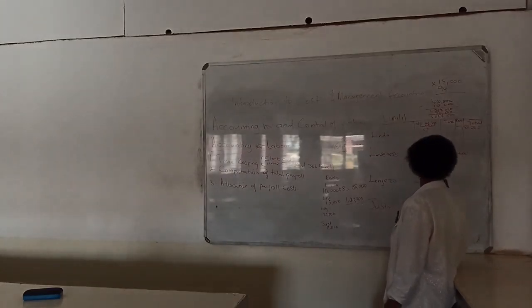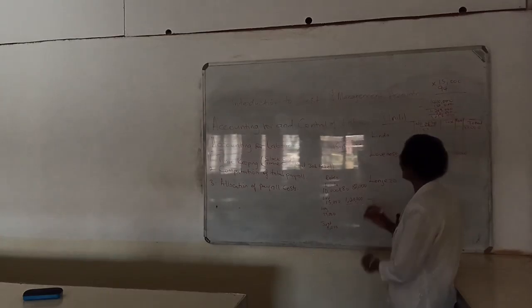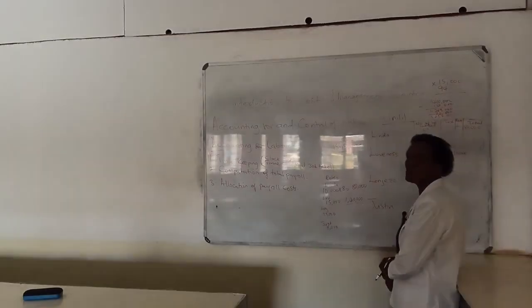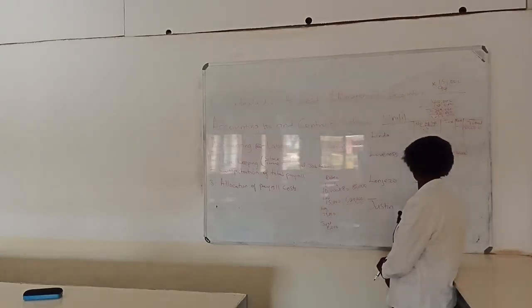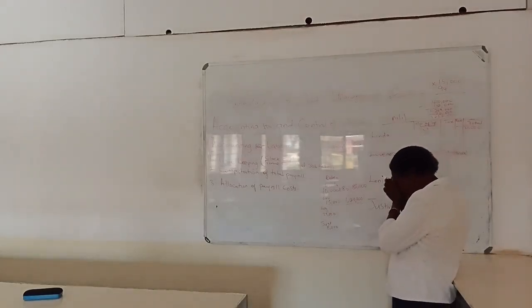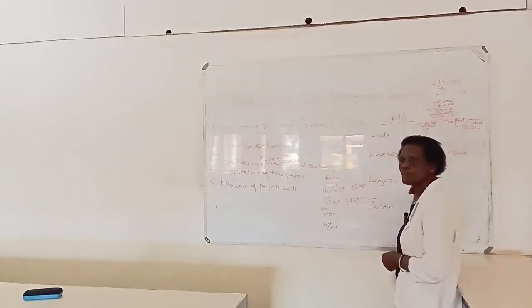Pension. How much is pension? 140. Deduct 141 from 1,057,000. What is the amount? Net.